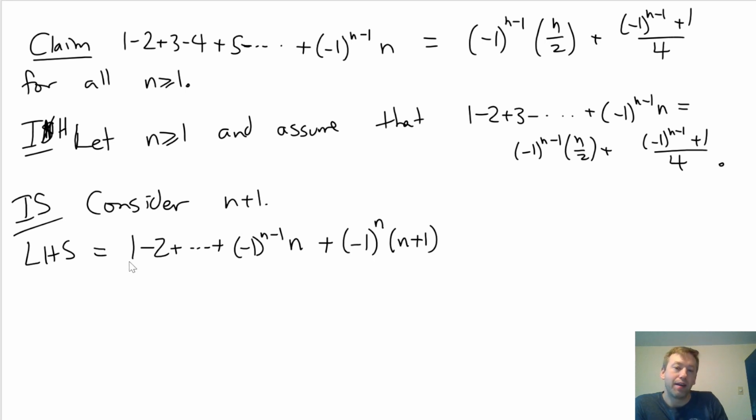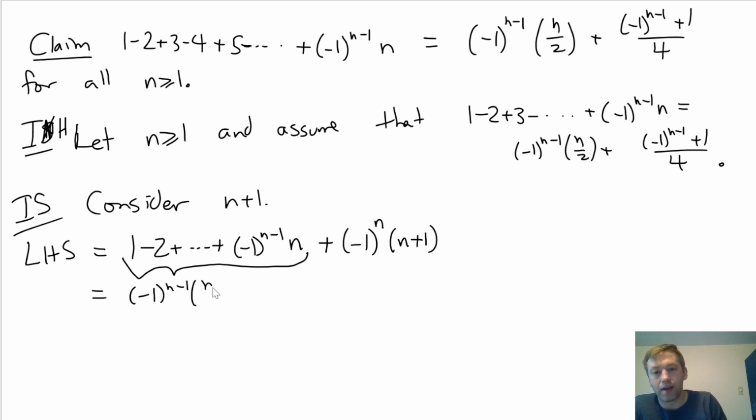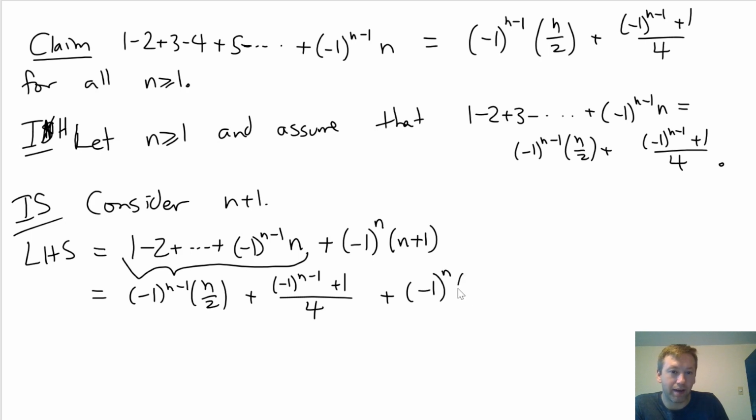Now the first part of this whole thing, we know what it is equal to by the inductive hypothesis, right? So this gives us negative 1 to the n minus 1, n over 2, plus negative 1 to the n minus 1 plus 1 over 4, and then we've still got this thing from before, negative 1 to the n times n plus 1.